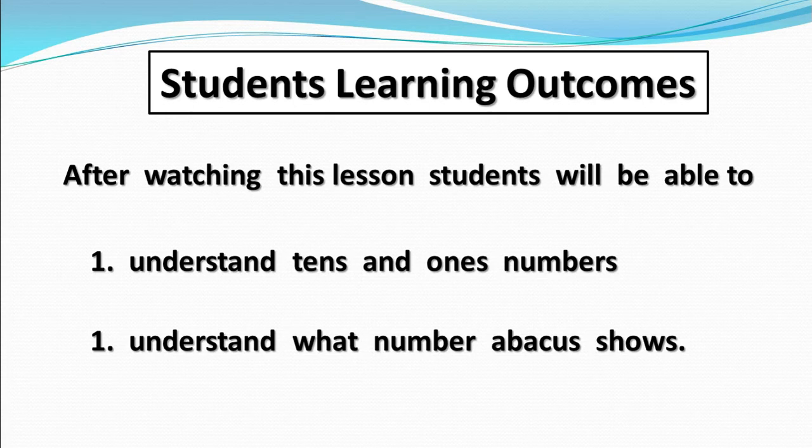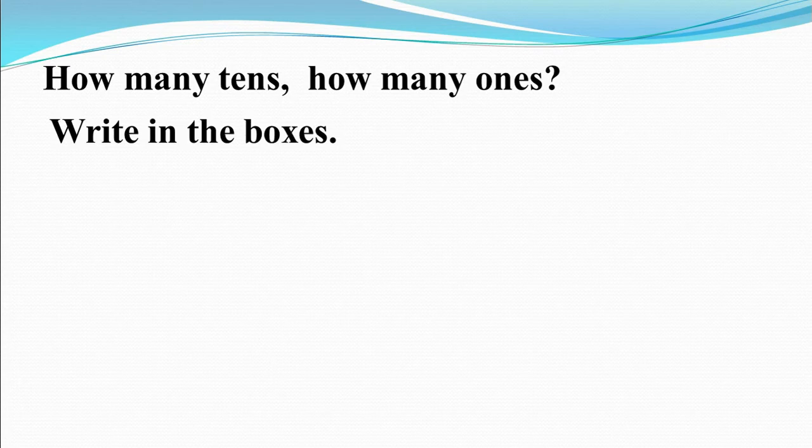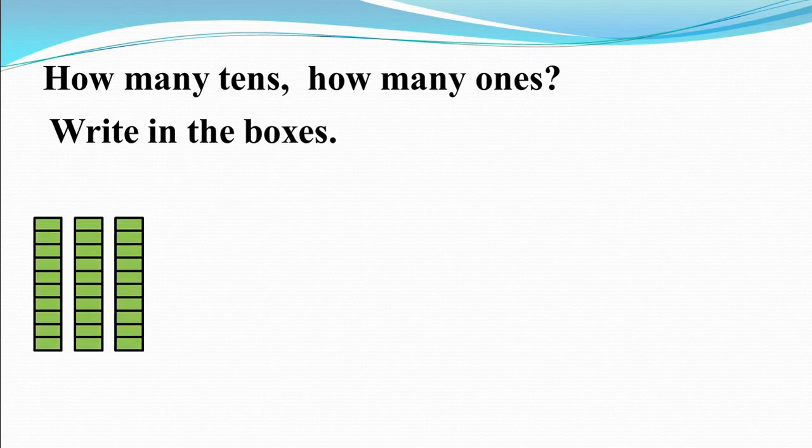Let's get started. Here we have to find how many tens and how many ones there are. Write in the boxes. Look, there are 1, 2, 3 stacks of tens, which means 3 tens.